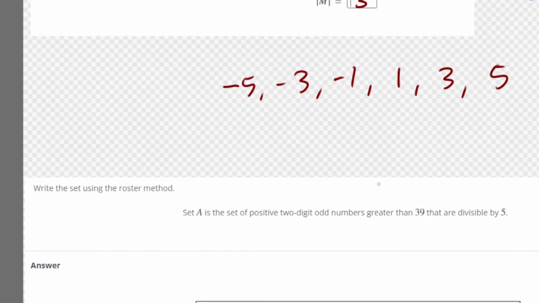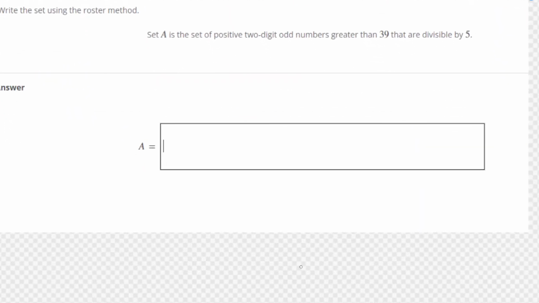So this one is asking us to write this set using the roster method. So set A is a set of positive 2-digit numbers greater than 39 and that are divisible by 5.